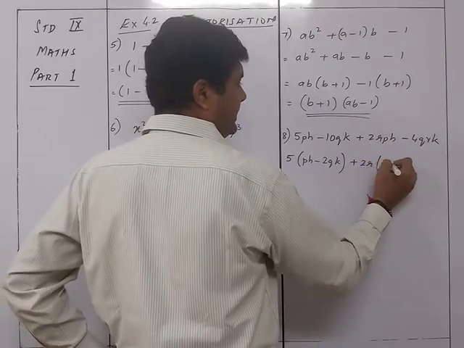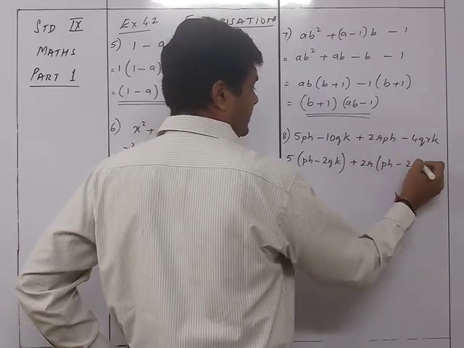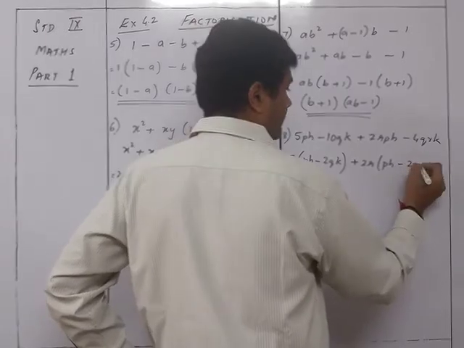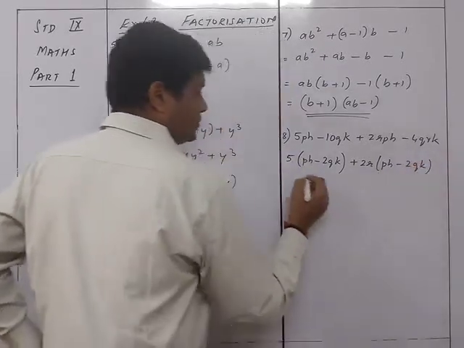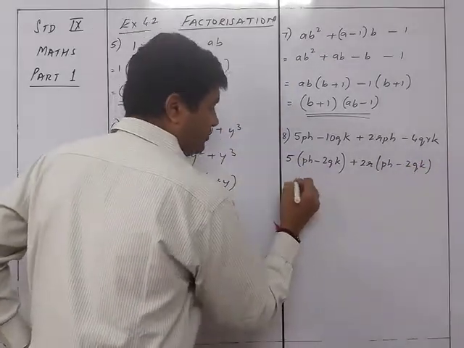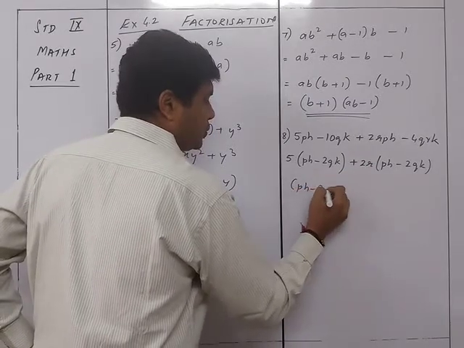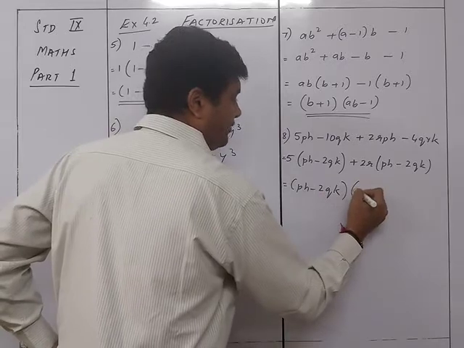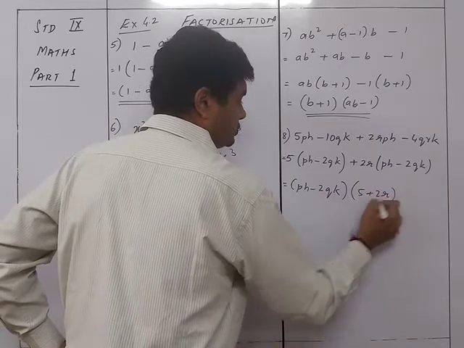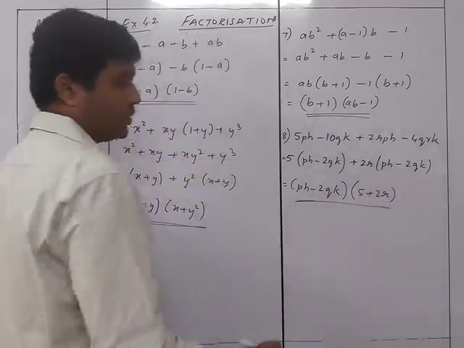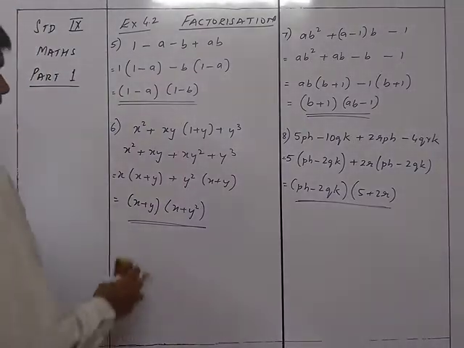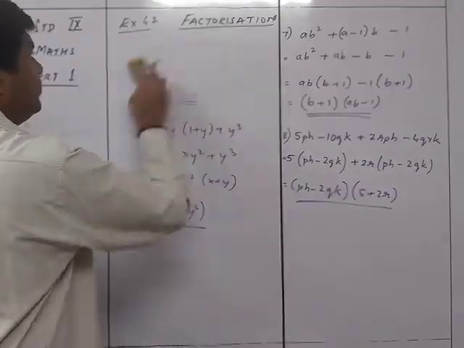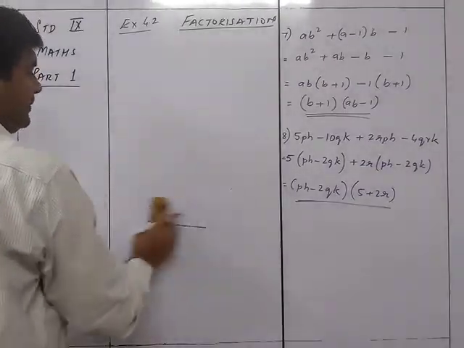You get again ph minus 2qk. So this and this are the same. So that gives you ph minus 2qk and 5 plus 2r. So that's the resultant answer of question number 8. We now move on to question number 9.